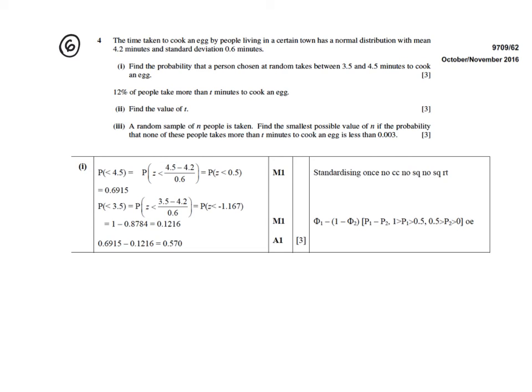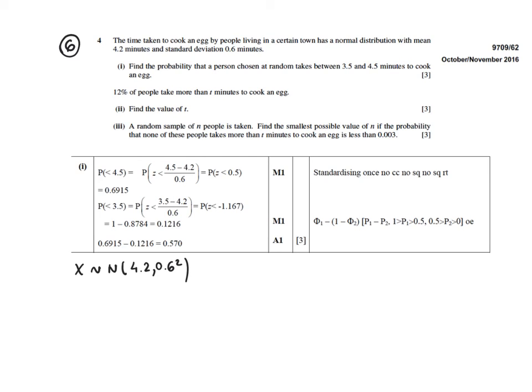So when you read the question, the time taken to cook an egg, x is the time taken, and x is normally distributed with 4.2 and 0.6 squared. Write that down. You don't want, during solving the question, to go back and start looking through the text for your mean and your standard deviation.